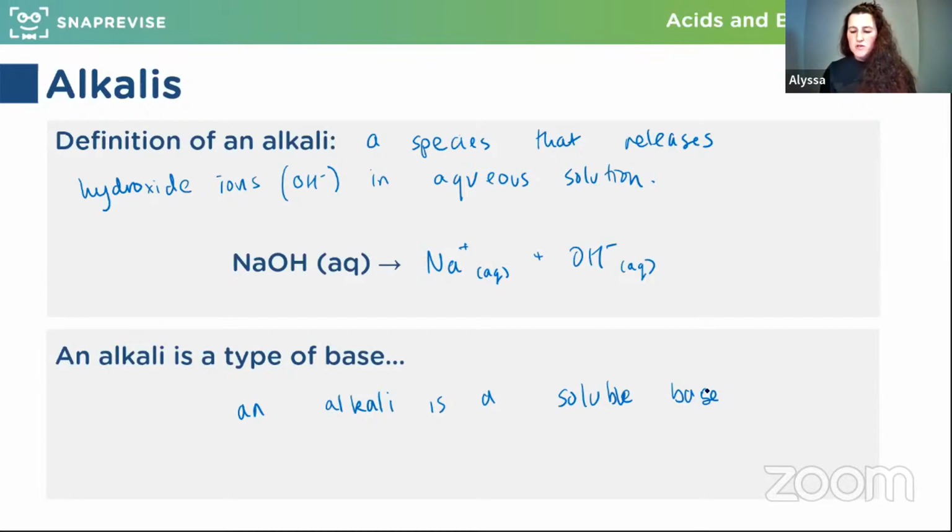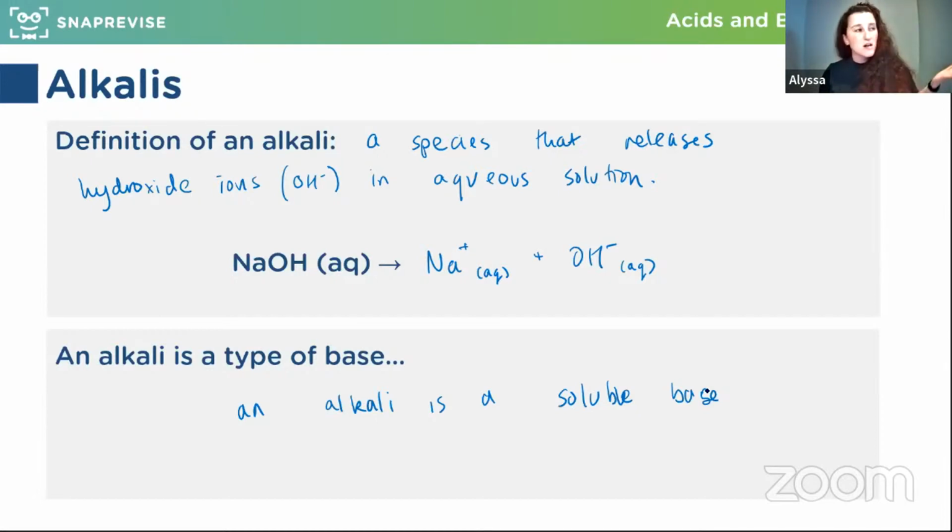So base talks about its relationship with an acid. An acid and a base combine together to make salt and water. So if it can combine with an acid to make salt and water, it's a base. If it can dissolve in water, then you can also call it an alkali. So all alkalis are bases, but not all bases are alkalis.